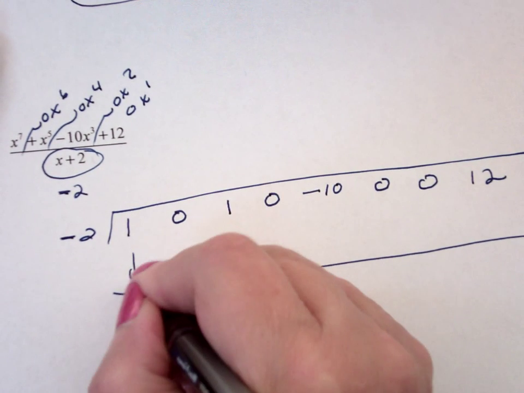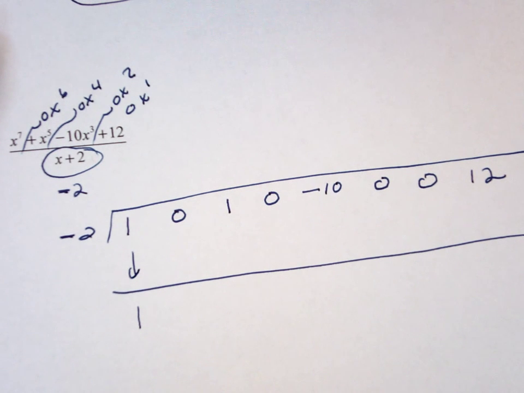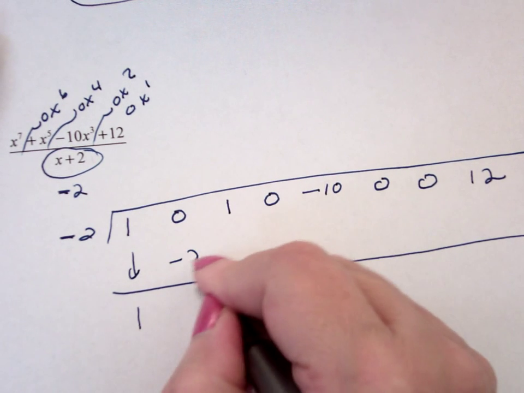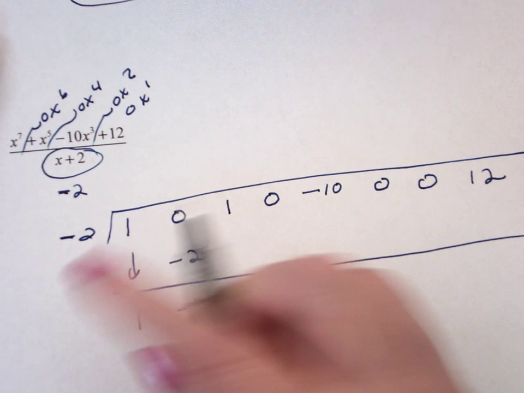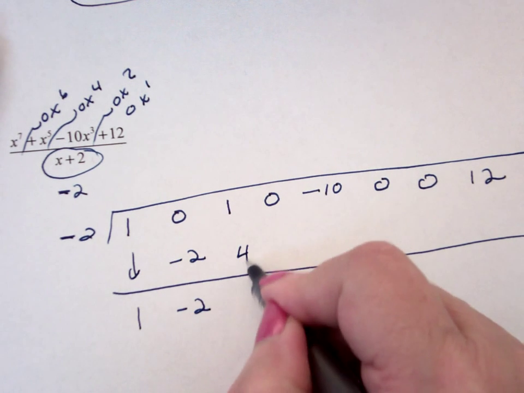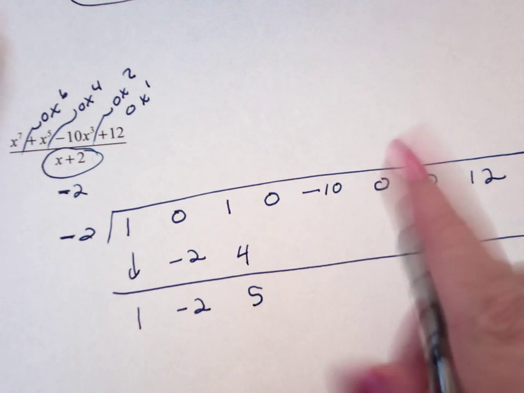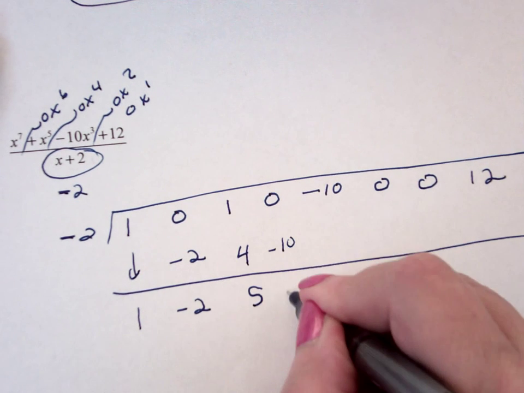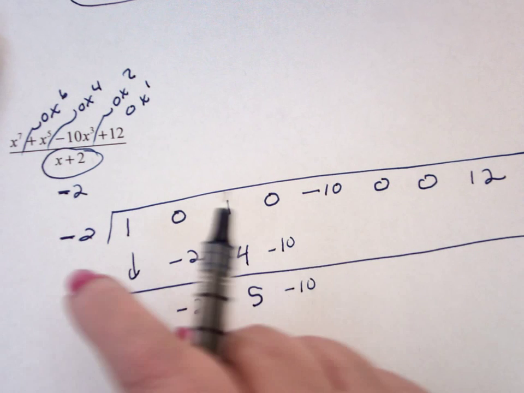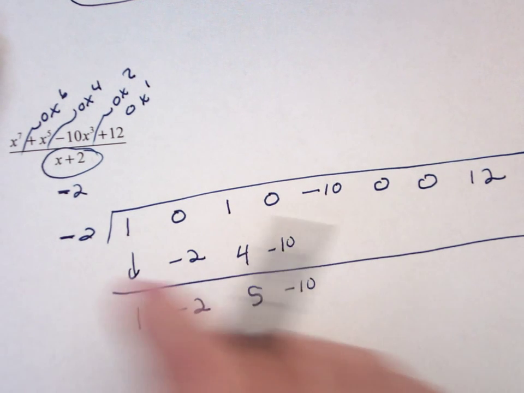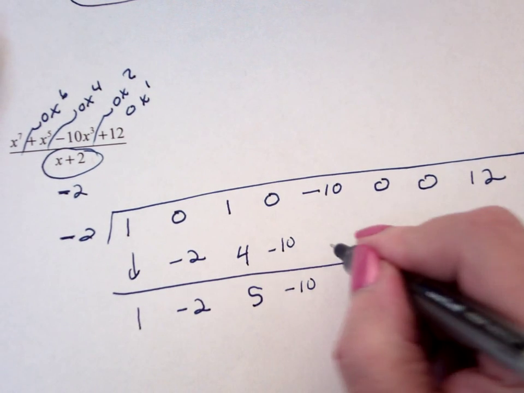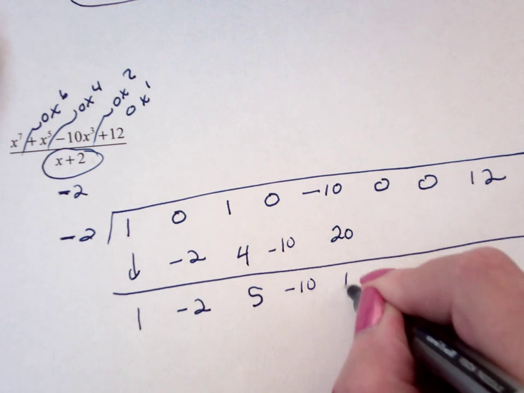So bring down the 1. Negative 2 times 1 is negative 2, and add. Negative 2 times negative 2 is positive 4, and add. Negative 2 times positive 5, negative 10, and add. Negative 2 times negative 10 is positive 20, and add.